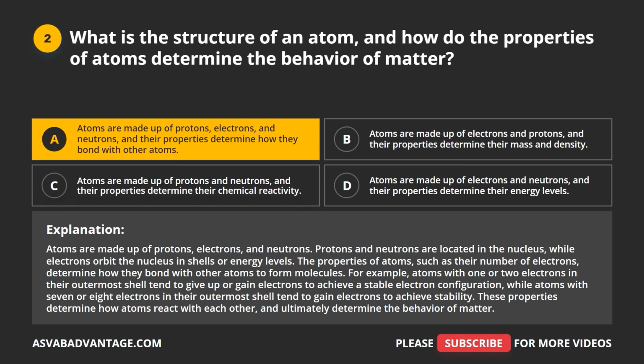For example, atoms with 1 or 2 electrons in their outermost shell tend to give up or gain electrons to achieve a stable electron configuration, while atoms with 7 or 8 electrons in their outermost shell tend to gain electrons to achieve stability. These properties determine how atoms react with each other and ultimately determine the behavior of matter.